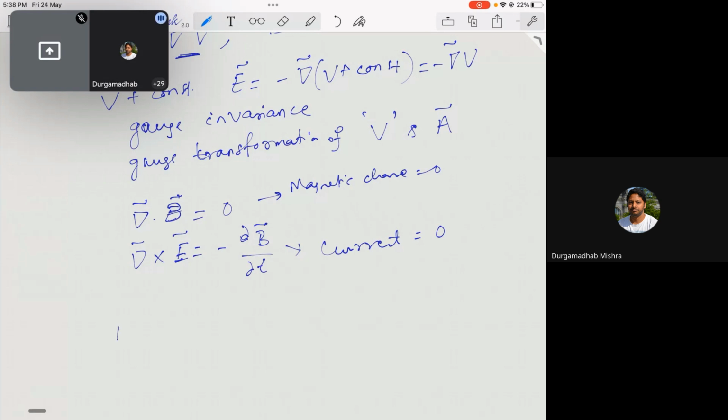Of course, we know that B is the curl of A. Why could we do it? Because we can write a vector as a curl of any vector. The divergence of a curl will always be 0. That's why we are able to define B as curl of A, because of this equation only.